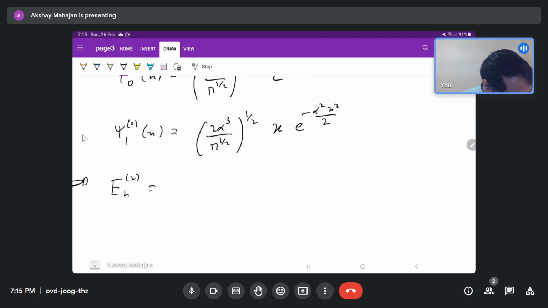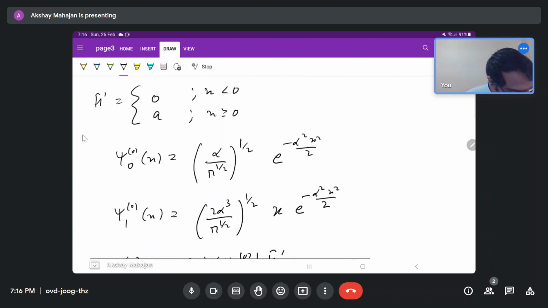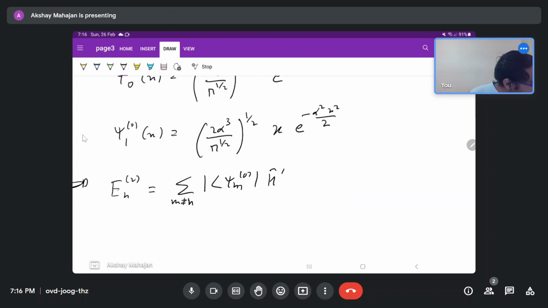So this is just a little calculation problem. The formula is the sum of psi m of the 0th order, H cap prime, psi n of the 0th order, whole square, divided by E n of the 0th order minus E m of the 0th order.